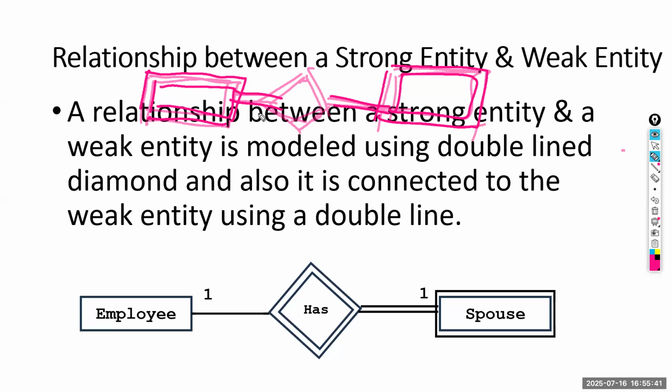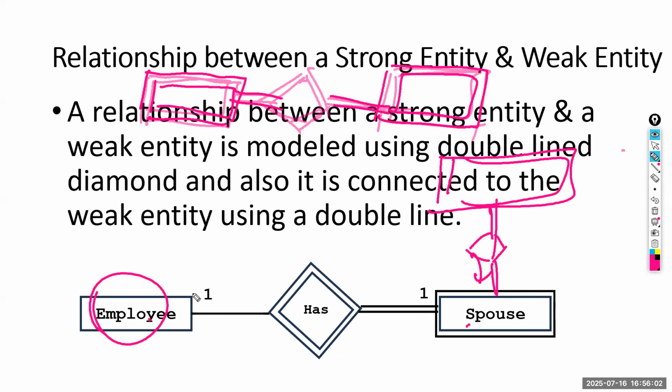Why? Remember, weak entities are not our direct entities. They just stay there due to some of our strong entities. So are we interested in the connection between these weak entities? Weak entities are not of much interest to us other than their relationship with our strong entity.